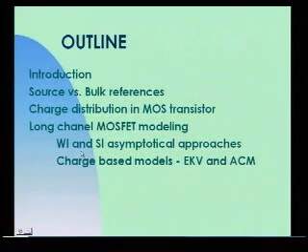Well, for today, I will give a short introduction. I will discuss the problem of choosing the terminal which will be the voltage reference in the model. So we'll review a little bit of physics concerning the charge distribution in a MOS transistor. And then I will present these two models, the EKV and the ACM models, that are charge-based models.